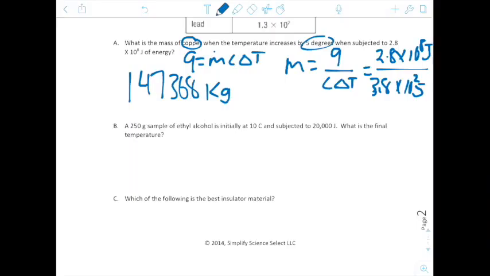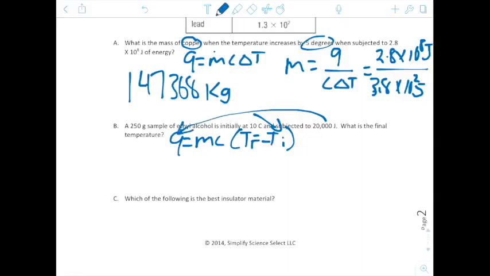B, it says a 250 gram sample of ethyl alcohol is initially at 10 degrees Celsius and subjected to 20,000 joules. What is the final temperature? So using our equation Q equals mc delta T, where delta T means temperature final minus temperature initial. So our initial temperature is going to be 10. Our joules is going to go right here.